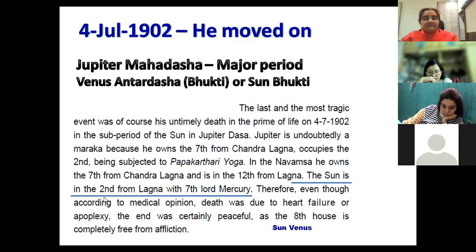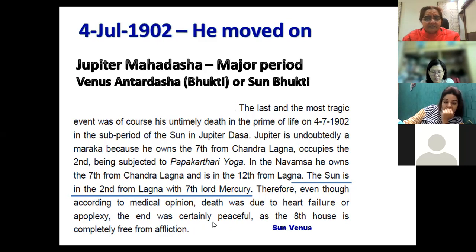So Sun is in the 2nd from the Lagna and with the 7th Lord, that is Mercury. Therefore, even though according to medical opinion death was due to heart failure, the end was certainly peaceful as the 8th house is completely free from affliction. In Phaladeepika there is a full chapter on the 8th house, death and cause of death.